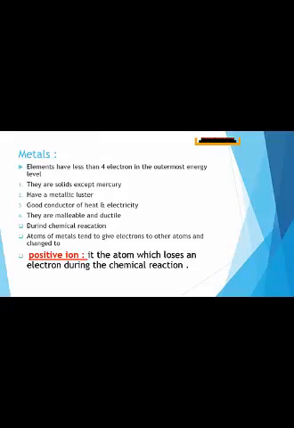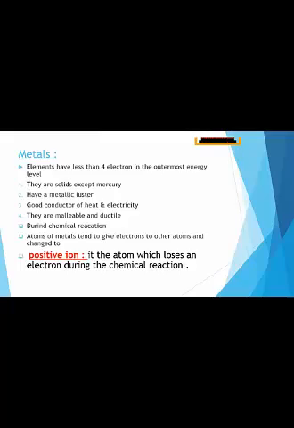So metals during the chemical reaction tend to give up the outermost energy level electrons to be changed into a positive ion. The positive ion definition: it is the atom which loses an electron during the chemical reaction.